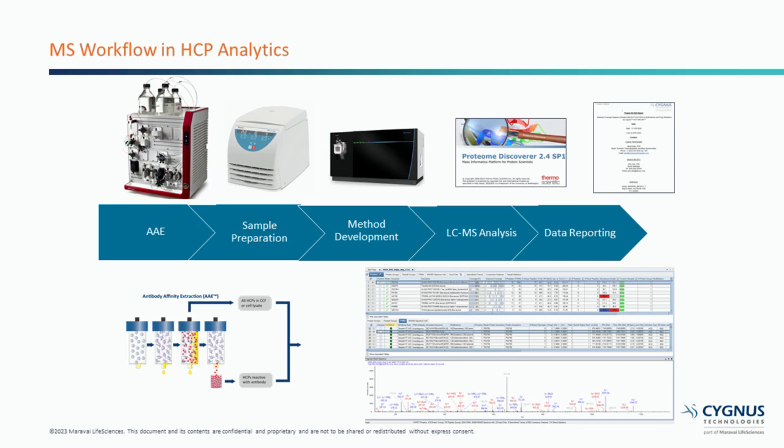After method development, samples are run by liquid chromatography mass spectrometry on a high-resolution, accurate mass spectrometer. Mass spectrometry data are searched using bioinformatics software, and all data searches use Cygnus Technologies' proprietary curated proteomic databases that we curated with common species expression systems.